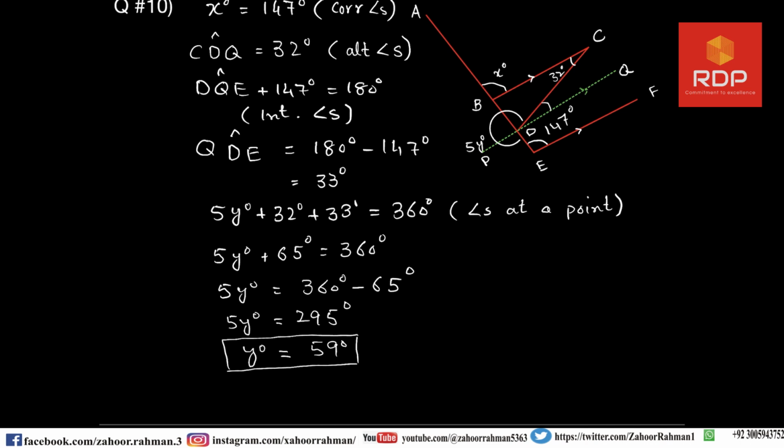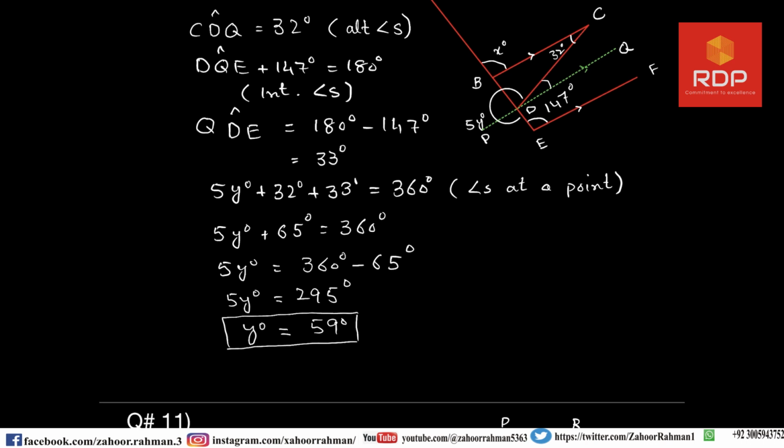If you were using the protractor, it would be very difficult to find those values, but thanks to geometry, they are making our life easy. So you have to note that we found these two values.